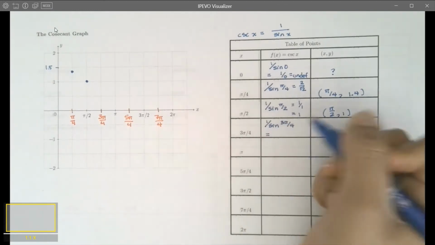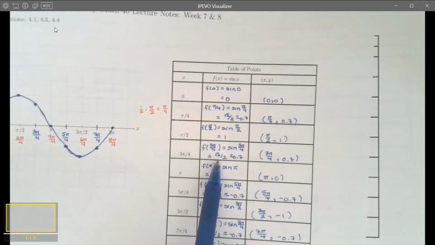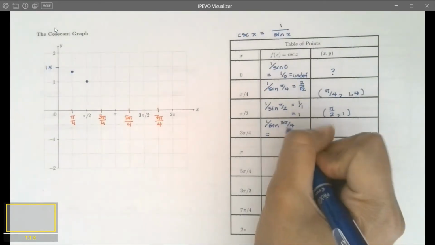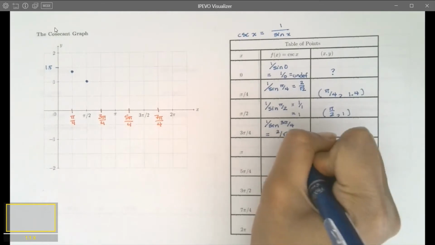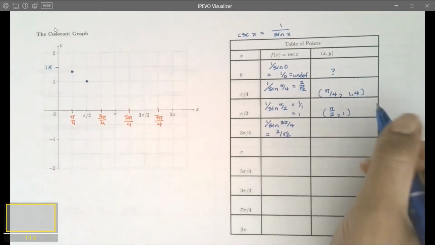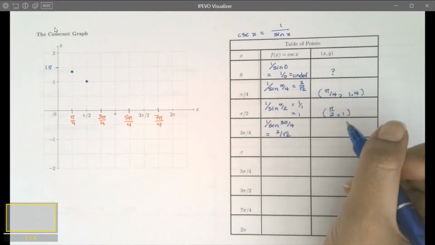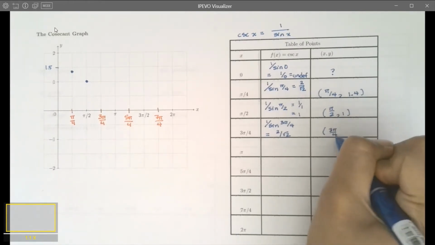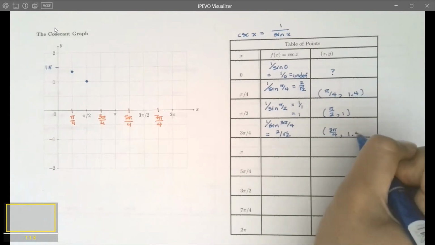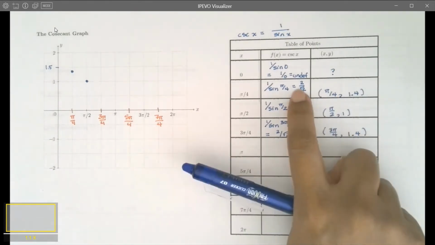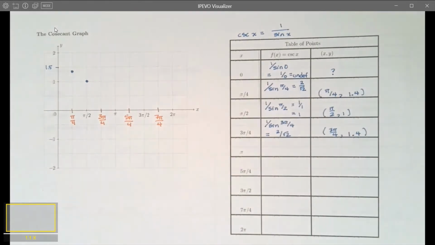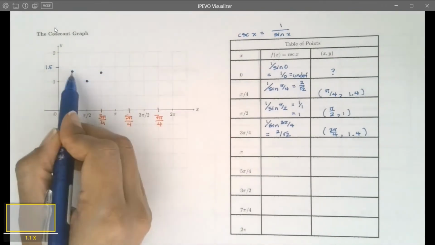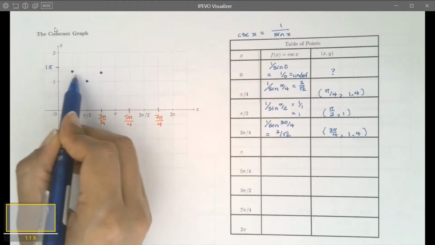At 3 pi over 4, we have radical 2 over 2, so this is going to be 2 over radical 2 when we take the reciprocal. That means that we have the point 3 pi over 4, comma, approximately 1.4. That's what we found when we were considering pi over 4. So we'll get this point that should be at the same level as the point at pi over 4.